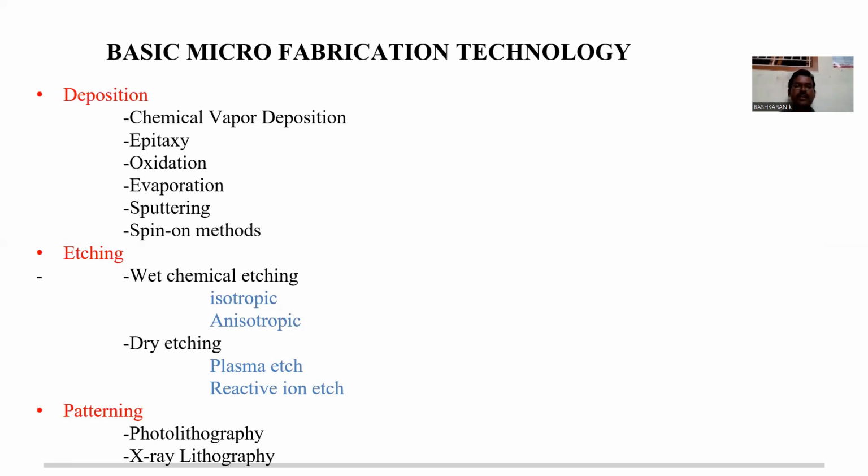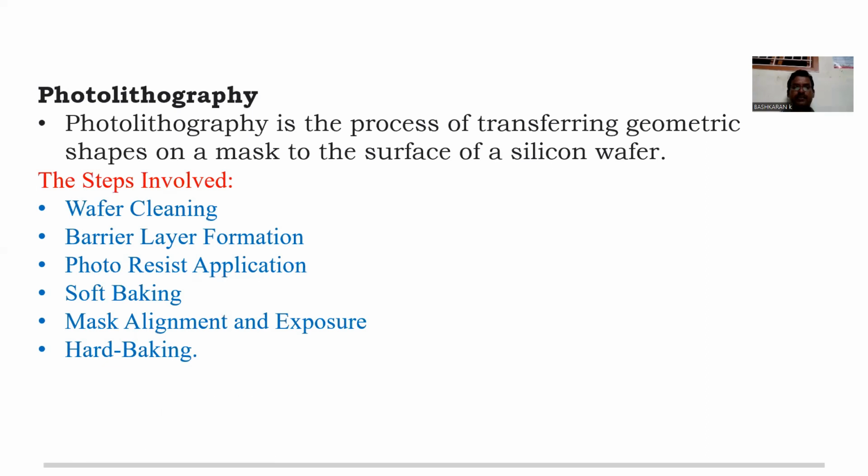In wet etching, there is isotropic, anisotropic, and non-isotropic; three methods are available. In dry etching, there is plasma etch and reactive ion etch. Patterning includes photolithography and X-ray lithography. There are two types of patterning in this fabrication technology.